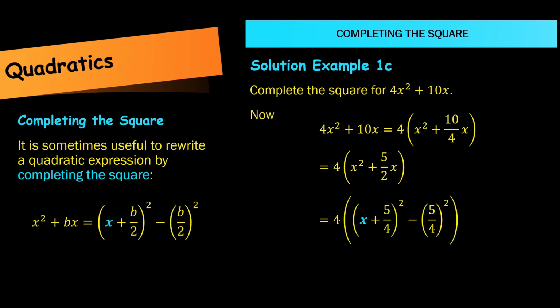Now here we have that b is equal to 5 over 2. So we plug this in into our formula. And then we tidy up. So we have 4 times (x plus 5 over 4) all squared minus 25 over 4.